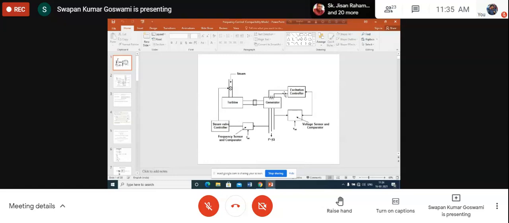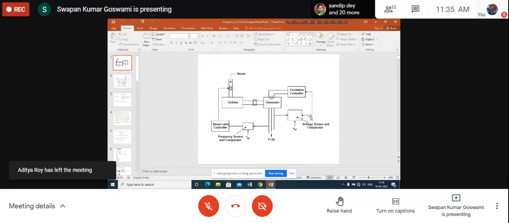Now, you see here, can you tell me what the expected time constant of the excitation control will be? How large, how small, and what may be the time constant of the frequency control? Which one will be faster?